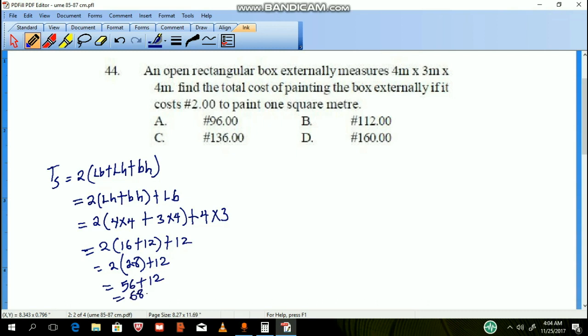So that will be 68 squared meter. So if it's 68 squared meter, and we are told that 1 squared meter is 2 naira, that will be times 2 naira, that will be 136 naira, which is option C.